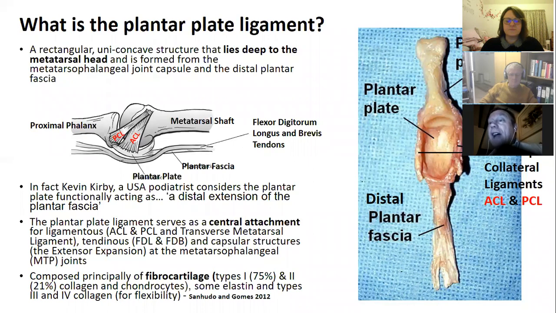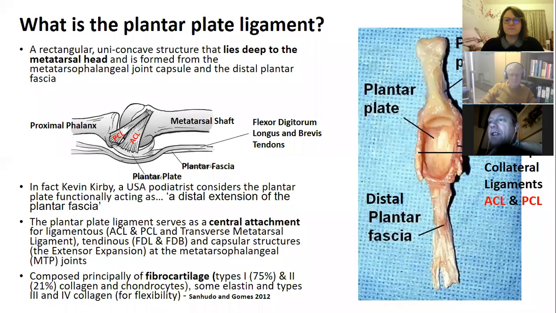And you can see how it rests in relation to the proximal phalanx. It's at the base of the proximal phalanx. But also, look at this. Look how the plantar fascia actually blends into the plantar plate before both the distal plantar fascia and the plantar plate then connect, they join the proximal phalanx.